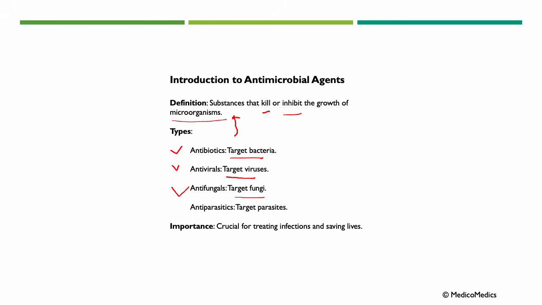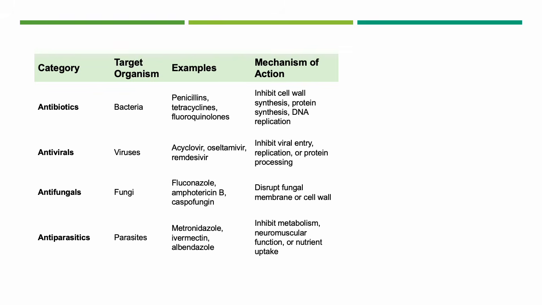Antifungals, targeting fungi, and antiparasitics, targeting parasites. Now, as we mentioned, antimicrobial agents are drugs designed to target and eliminate pathogens while minimizing harm to the host. They are classified, as we mentioned, based on the type of microorganism that they act against.